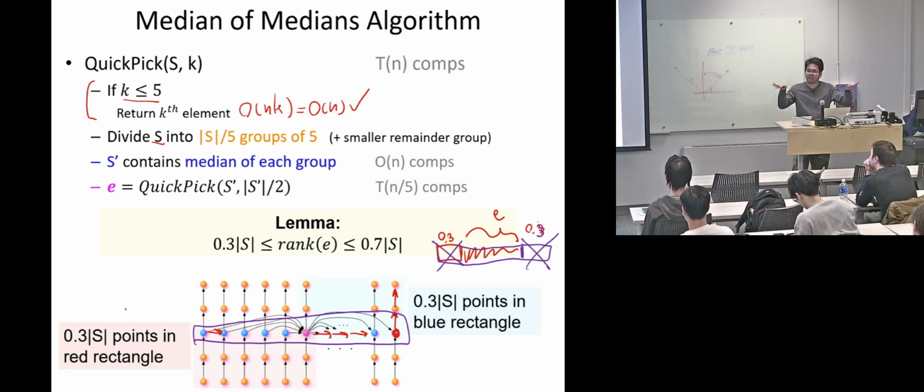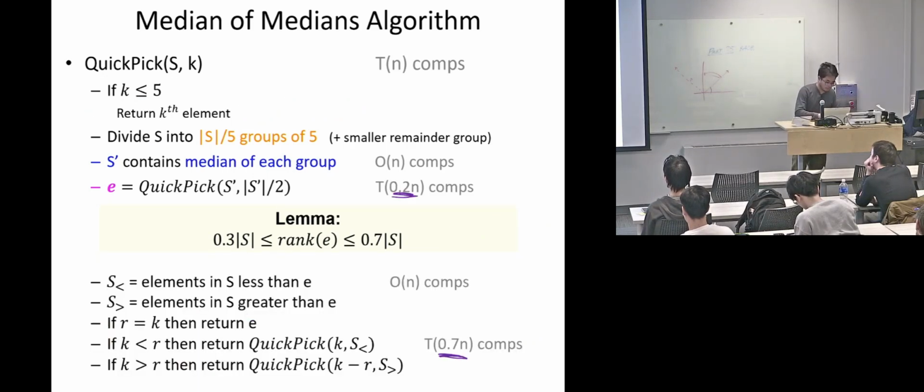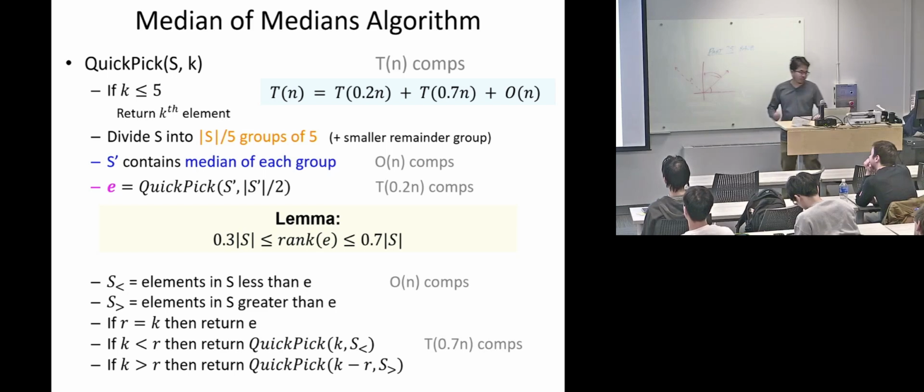On either side, we throw a 0.3 fraction away, so the size of recursion here is 0.7. So that's our recursion: recurse on 0.2 fraction, 0.7 fraction, and order of n. Now we just need to solve the recurrence.